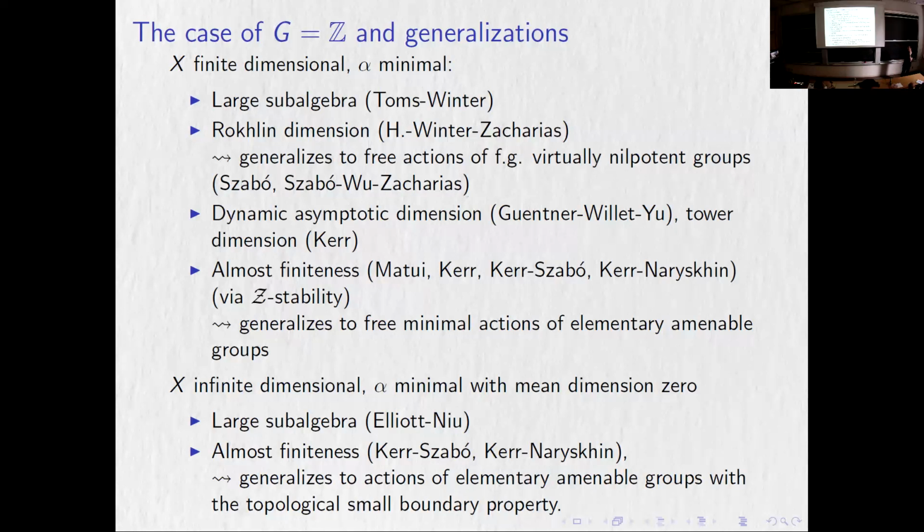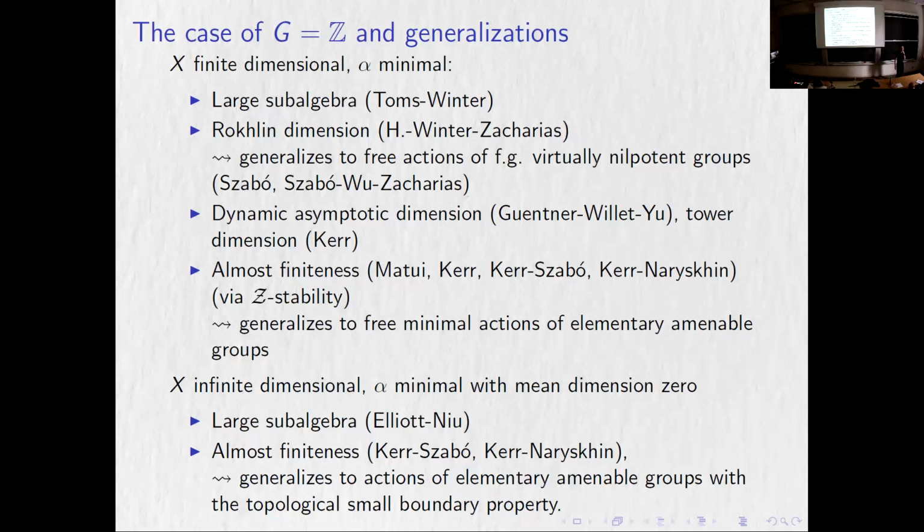Now this was generalized later in the work of Szabó to free actions. We actually don't need minimality for that. And it was further generalized from the case of the integers to the case of actions of finitely generated virtually nilpotent groups.